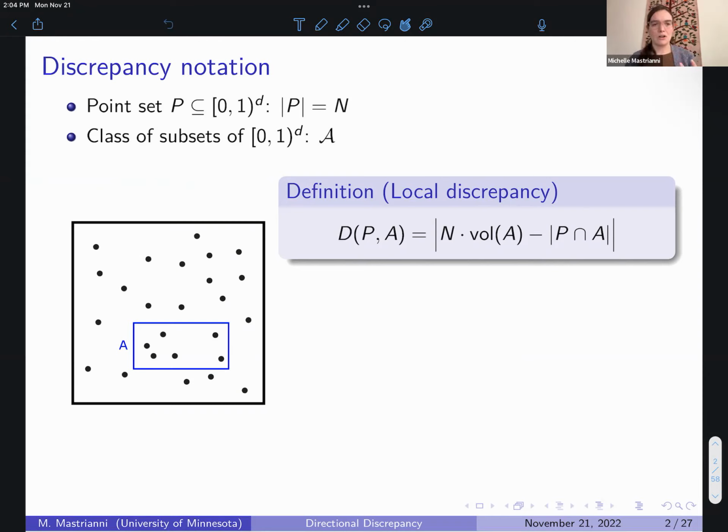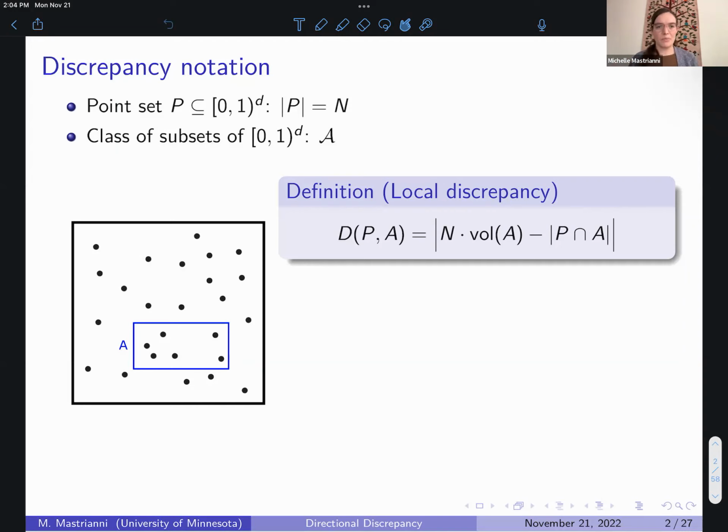In this talk, we're going to be working with finite point sets P of size n, and the discrepancy is a way to essentially measure how well distributed such a point set is in some space. So you could be in the unit cube or on the sphere. In this talk, we'll be focused on the unit cube and specifically in 2 dimensions.